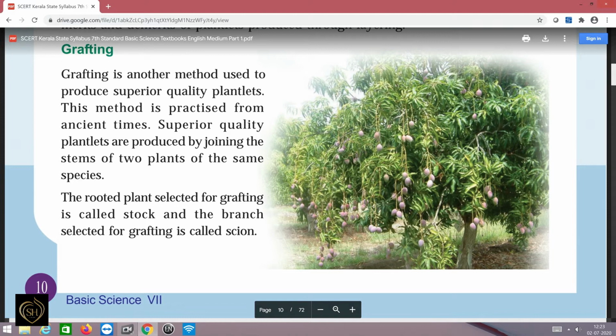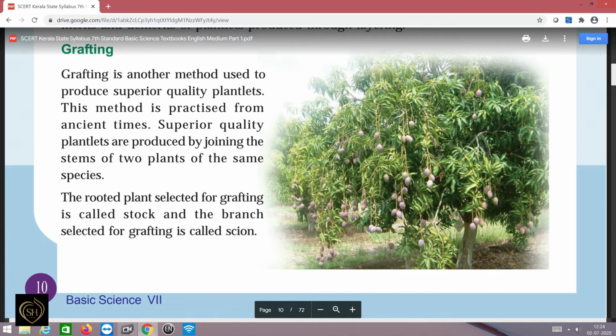Superior quality plants are produced by joining the stems of two plants of the same species. For grafting, we should select the same species, and we can join a local quality plant and a superior quality plant branch together to produce a new branch with superior quality.